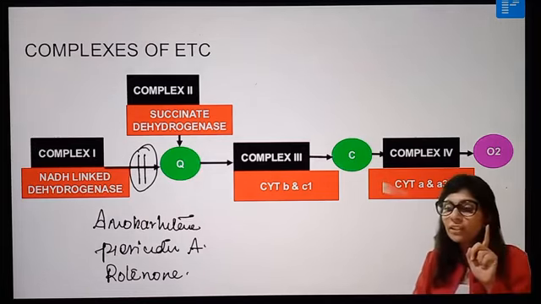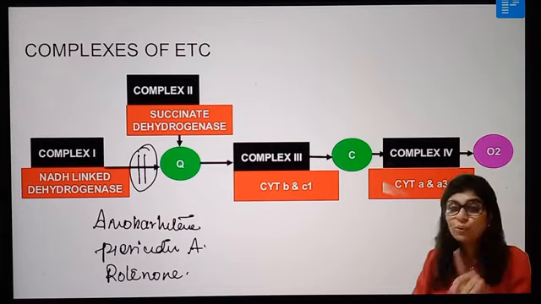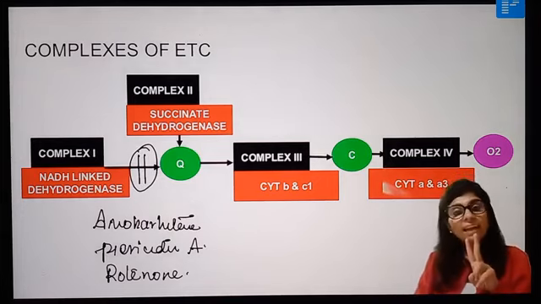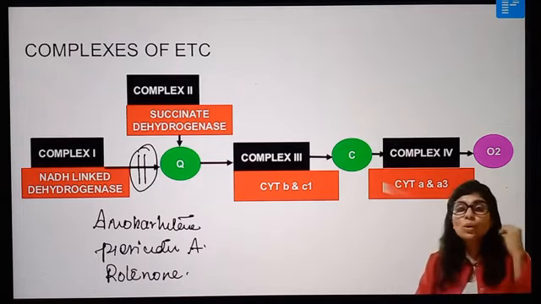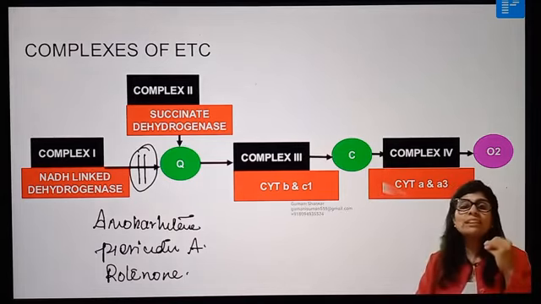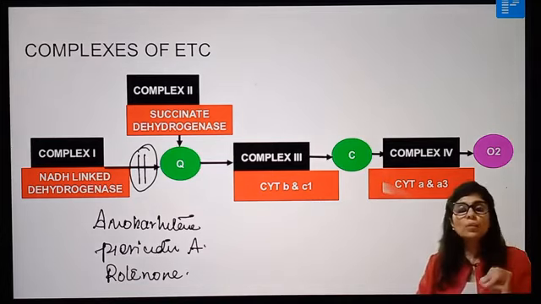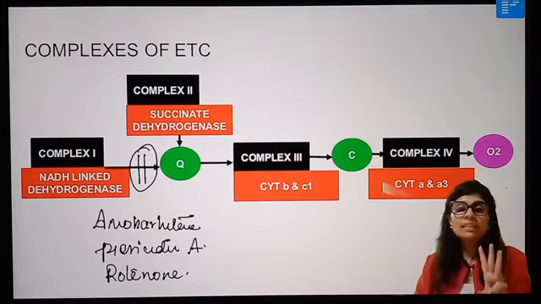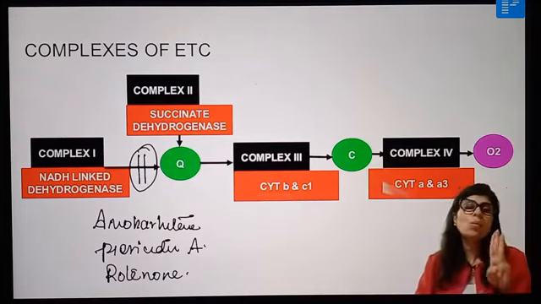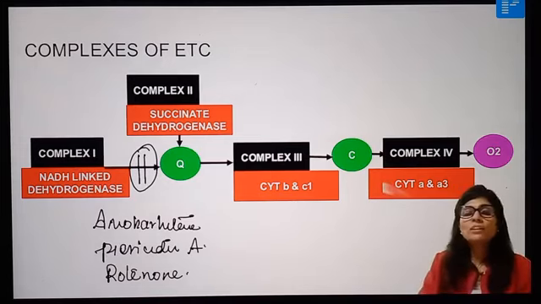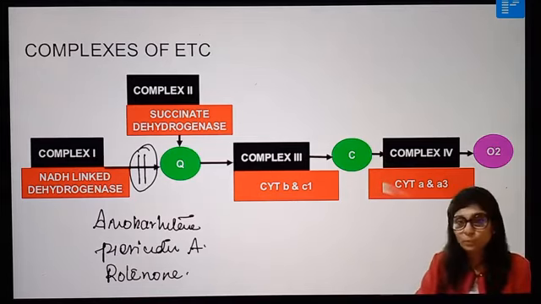Tell me, what are the 3 forms of vitamin A I told you? Retinol, retinal and retinoic acid. This is rotenone, which sounds like vitamin A. And even if you don't want to remember it that way, another easier way is, in rotenone, the last 3 letters are 1. So it inhibits electron transport between 1 and Q.